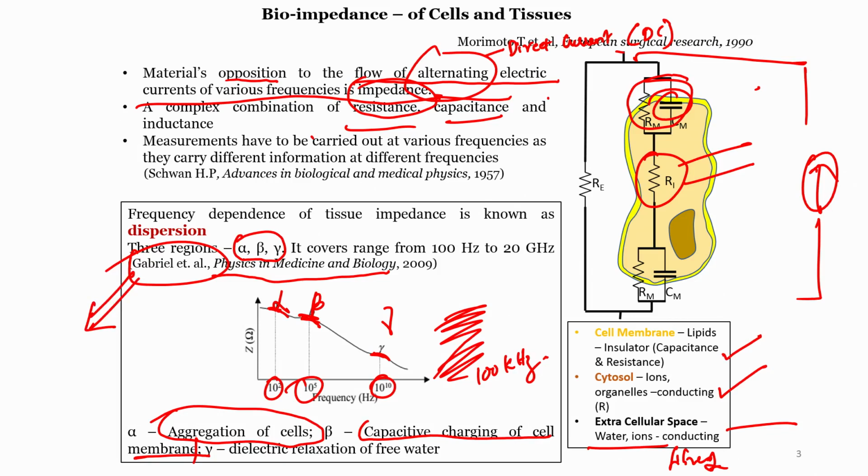They did a very elaborate study where they measured the electrical properties of different cell types, different tissue types, different quantities of blood, everything. They published a series of articles, and this is one such article, which talks about the existence of dispersion in the impedance spectra of biological tissues.